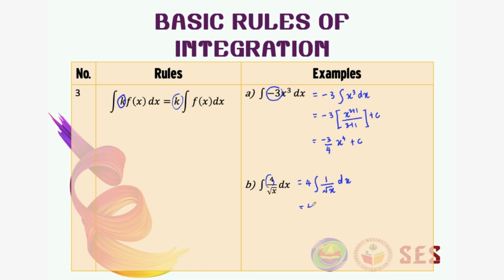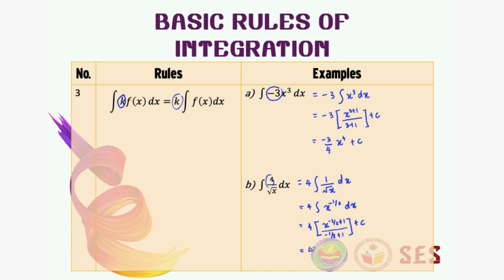So when we bring it up, we can write it as x to the power of negative 1 over 2 dx. Alright, so we just integrate that one. So we should get x to the power of negative 1 over 2 plus 1 divided by negative 1 over 2 plus 1, and don't forget our c.